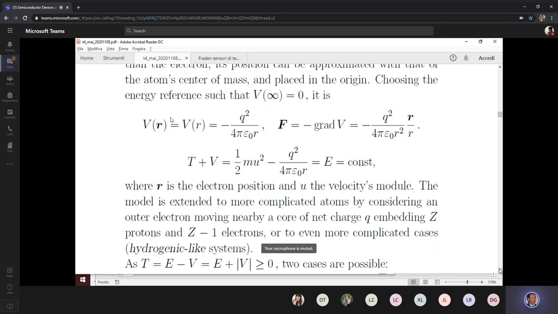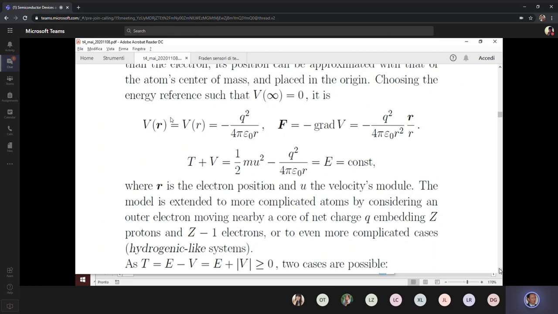So qualitatively, we can still treat at least the most external electron of a complicated atom as if it was a hydrogen atom. Okay, of course it is more complicated. There are perturbations, but we are not considering them now. So this more complicated case is also called a hydrogenic-like system.